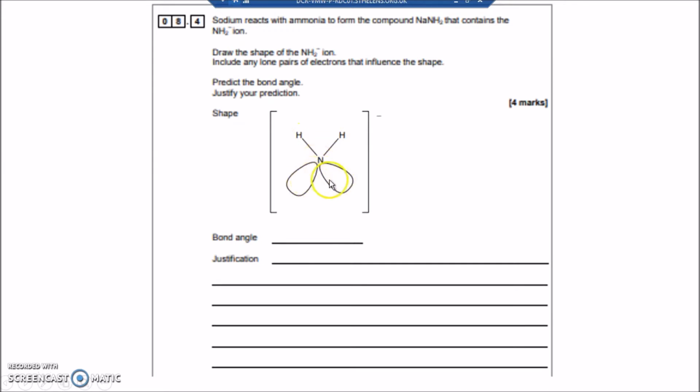You don't take the lone pairs into consideration when you're looking at the shape of the molecule. You need to consider them to work out what the actual shape is, but you only look at the bonding pairs when you're describing the shape. So it's V-shaped or bent.